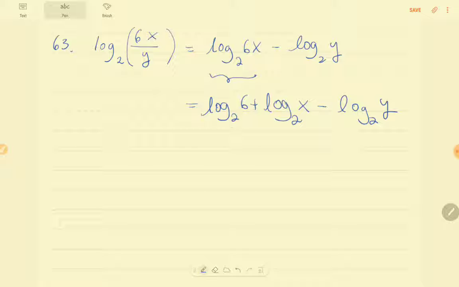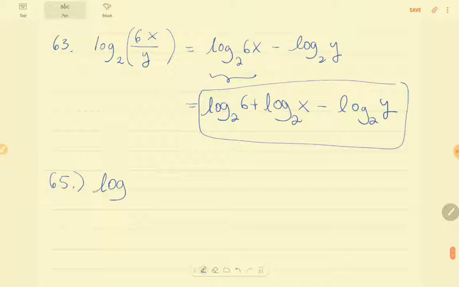And we can probably simplify that a little further with this part, but I don't want to because it's not a clean number. It's going to be some kind of approximation. So we'll leave it in exact form. So that'll be our final answer. Yay! Let's go on and do another one. That was fun, right? Let's do 65.